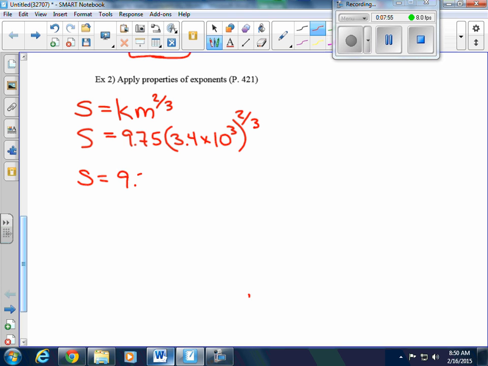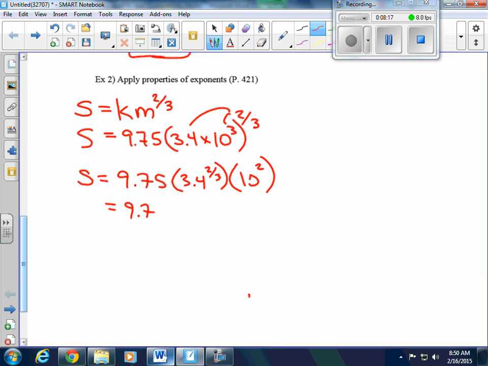We're going to take 9.75 and just rewrite that. We're going to take 3.4 to the 2/3 times 10 to the 2/3, or 10 cubed to the 2/3, which is 10 squared.